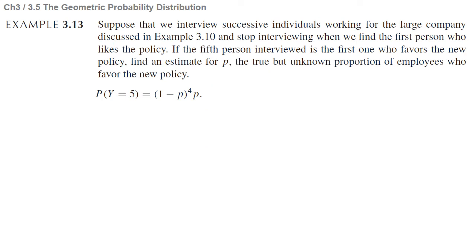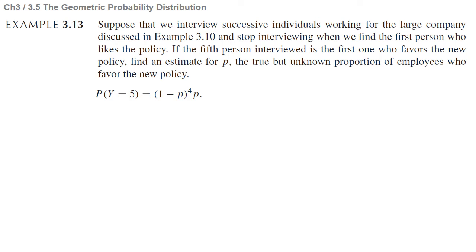And example 3.13: suppose that we interview successive individuals working for the large company discussed in example 3.10, and stop interviewing when we find the first person who likes the policy. If the fifth person interviewed is the first one who favors the new policy, find an estimate for p, the true but unknown proportion of employees who favor the new policy.